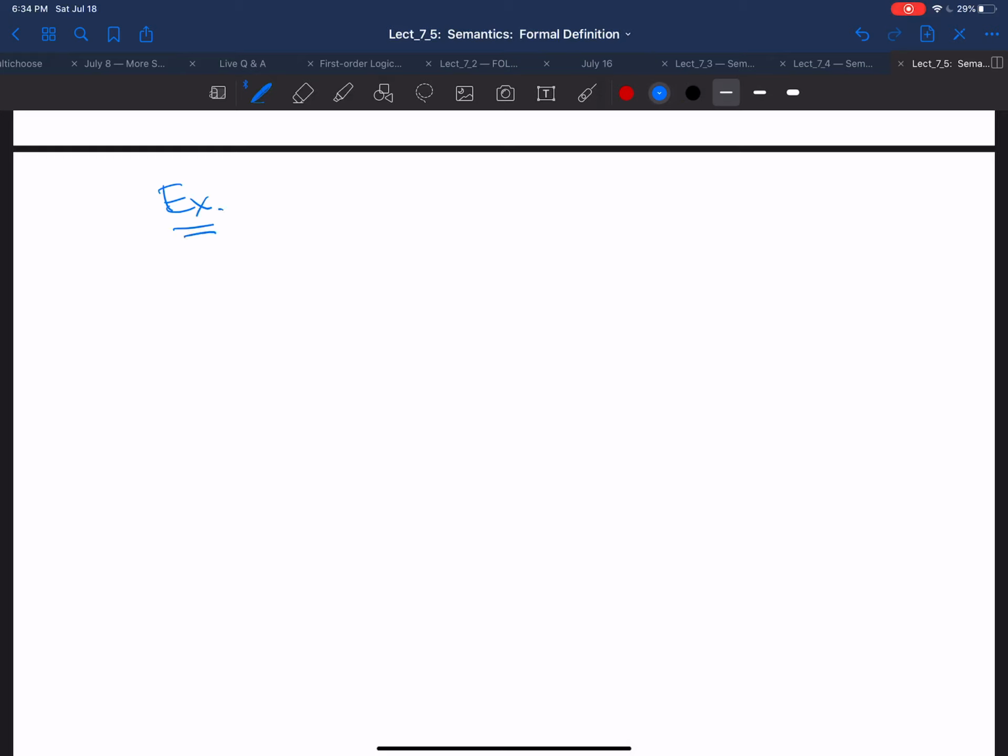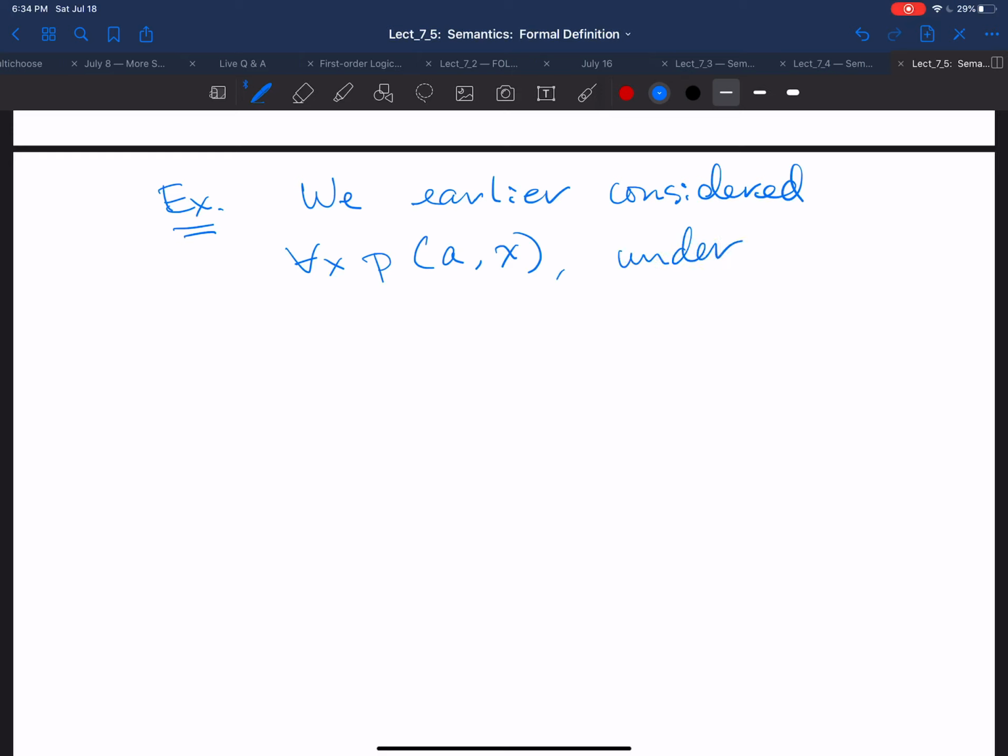Let's go through a quick example. We earlier looked at this formula. This was a closed formula, for all x P(a, x), under three possible interpretations.